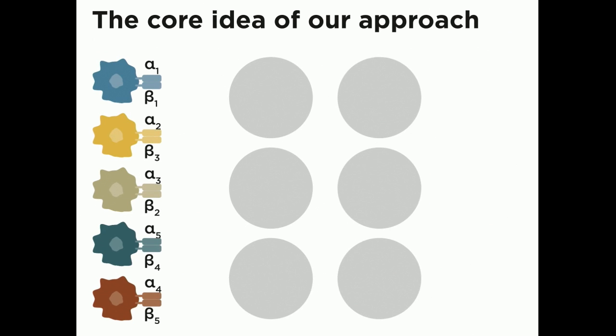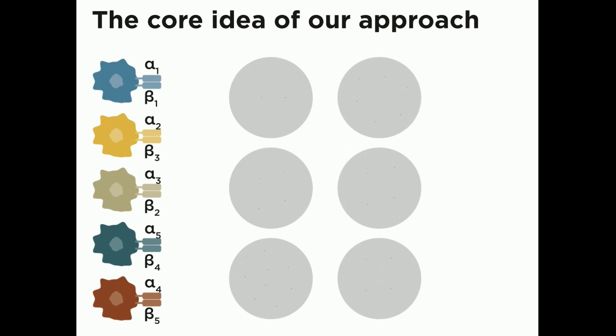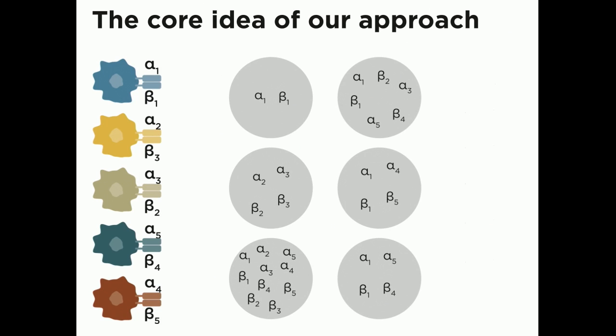So if we imagine these 5 T cells and we sample them into these 6 wells, get the alpha and beta chains, and look at, in this case, how many times alpha 1 co-appears with all of the betas, we can see that alpha 1 and beta 1 from this blue T cell co-appear together more often than alpha 1 and the other betas, of which they're not from the same T cell receptor.